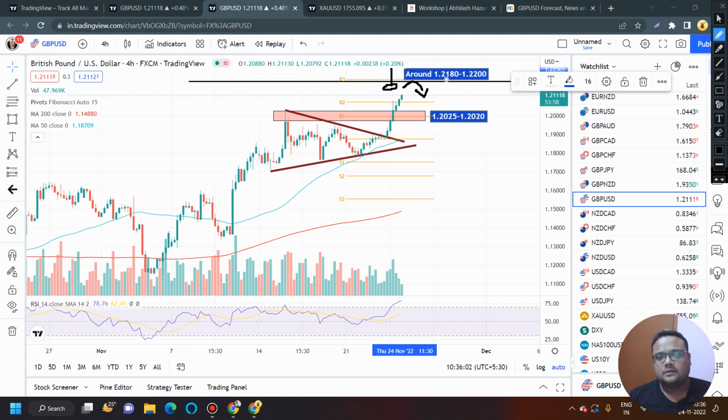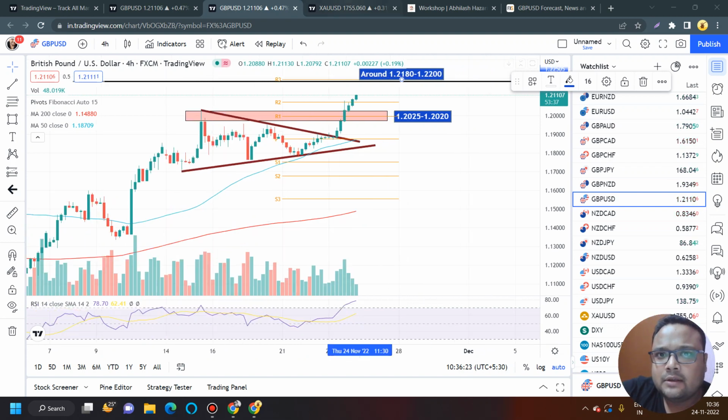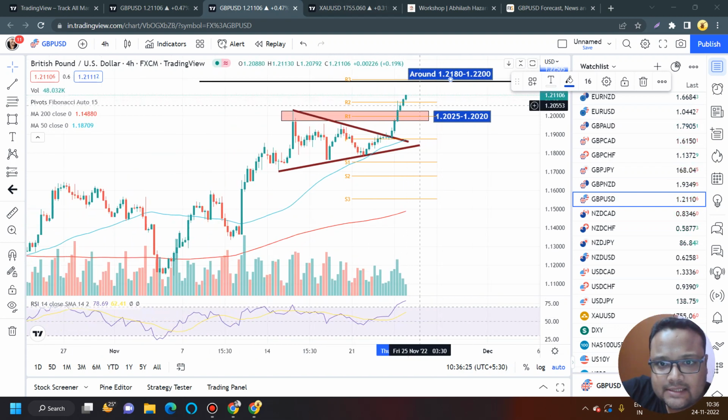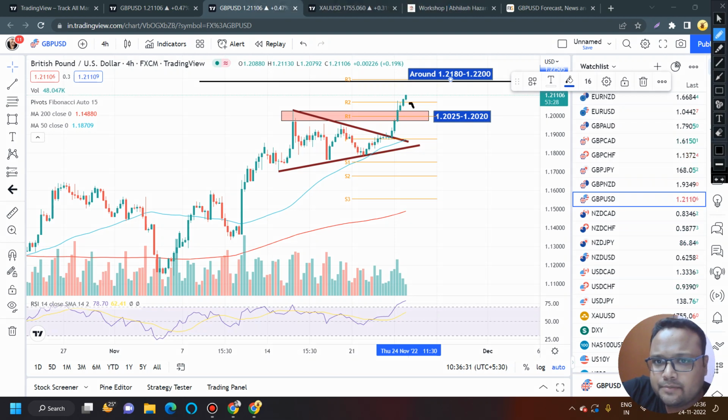And in case it breaks this level, do not take any buy position immediately. I'll come down tomorrow and I'll tell you what should be your next strategy. But as of now, as market is standing at 1.2110, buy at retracement, or sell around 1.2180, 1.2200, not for the long term, just for 20, 30, 40 pips, are the two trading opportunities that I see on the chart right now.